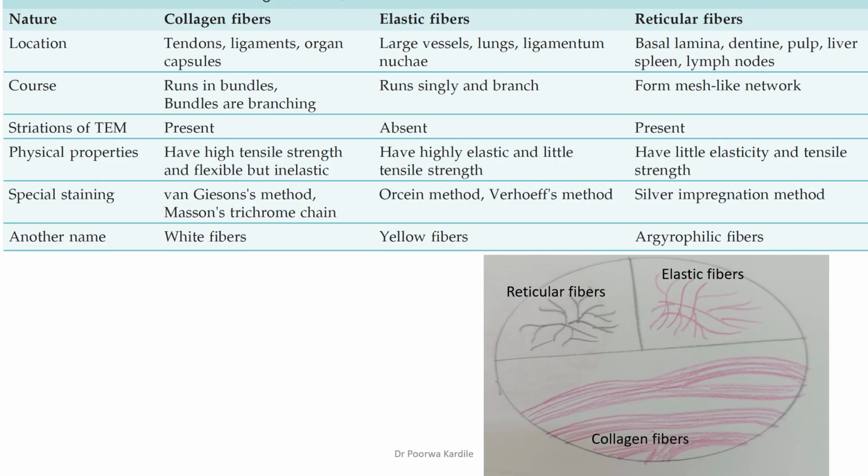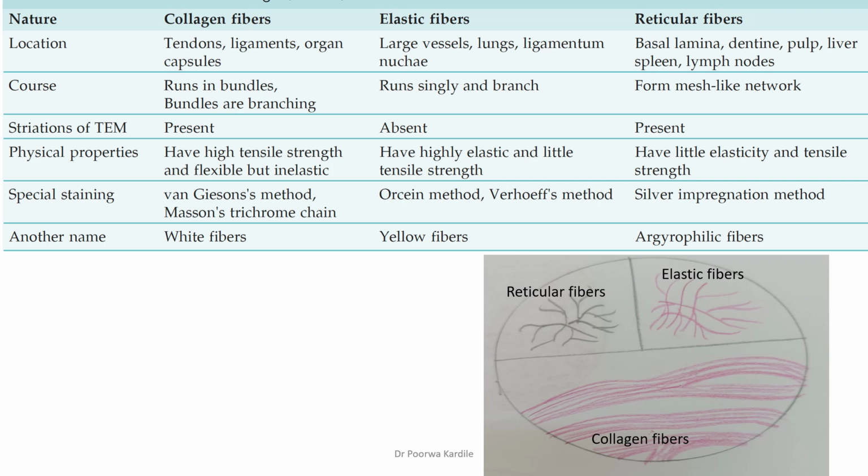In the figure given below, we can see all the three types of fibers: collagen, elastic, and reticular fibers. And in this table, we can make out the difference between the three types of fibers. So mainly the collagen fibers are located in tendon, ligament, and organ capsules. Elastic fibers are located in large vessel, lungs, and ligamentum nuchae, and reticular fibers are present in the basal lamina, dentin, pulp of the teeth, liver, spleen, and lymph nodes.